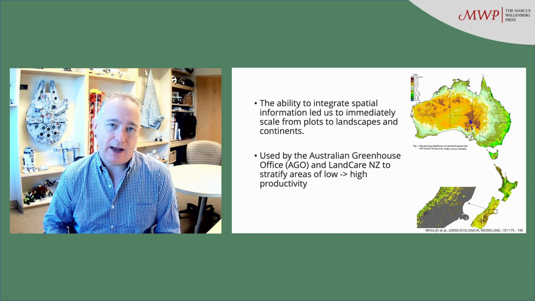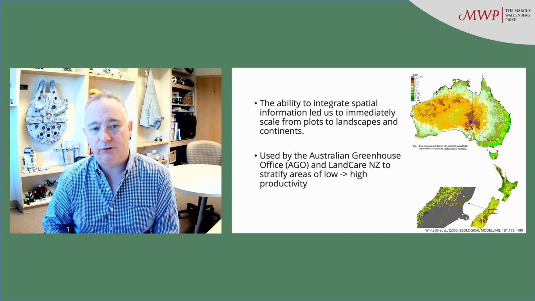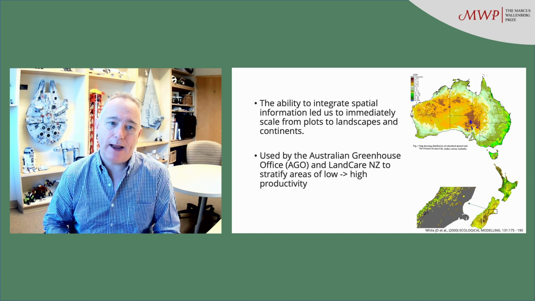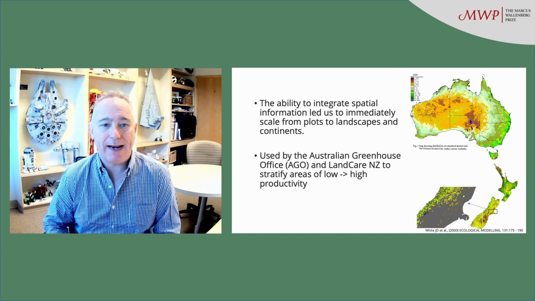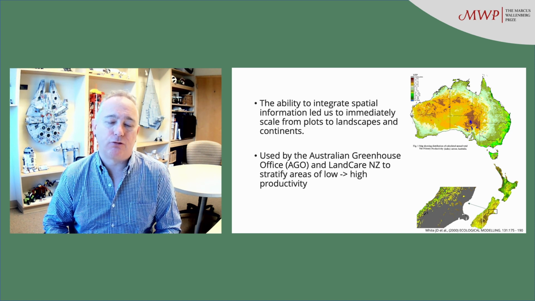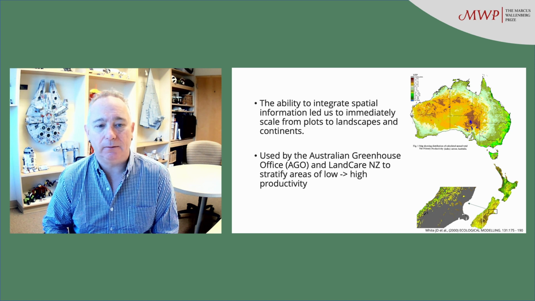Joe, based at CSIRO, and myself at the time started working with the Australian Greenhouse Office. And 3PG was used by the Greenhouse Office to go away and build productivity strata, but allowed them to go away and understand where productivity classes or gradients were occurring across the country at a very fine scale.